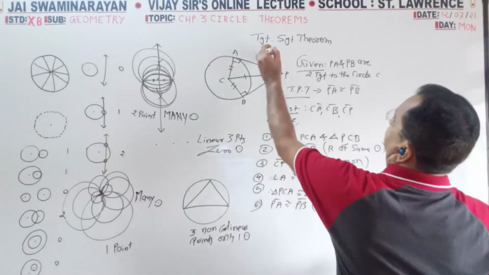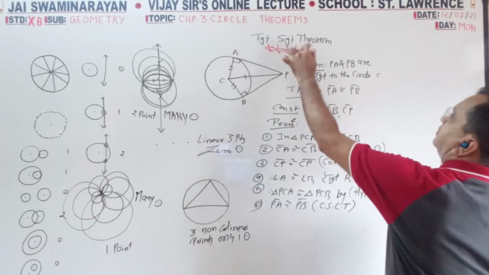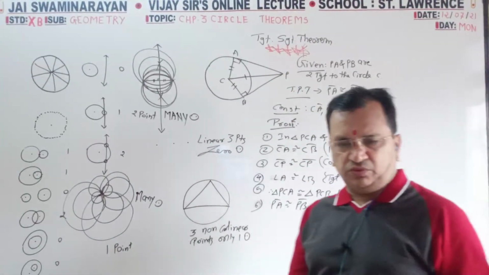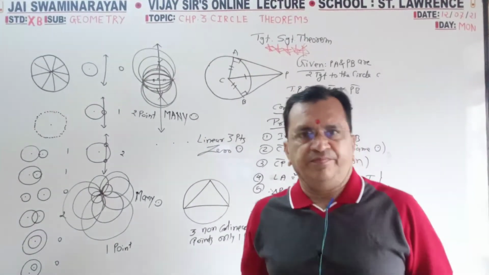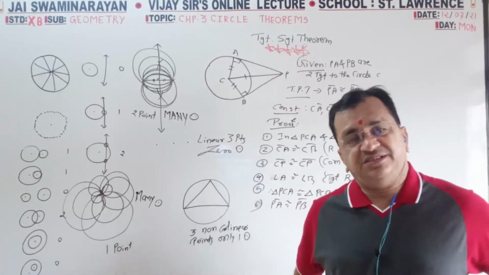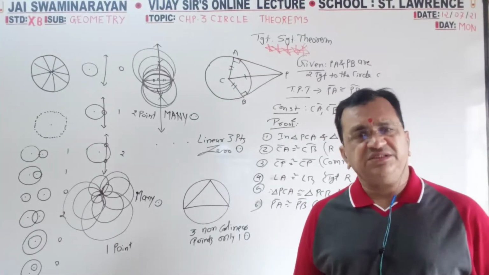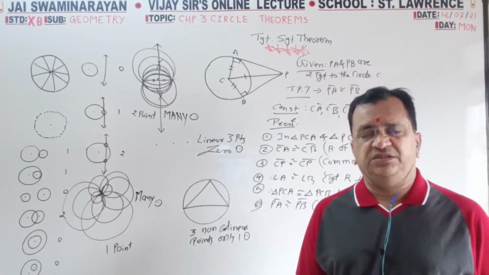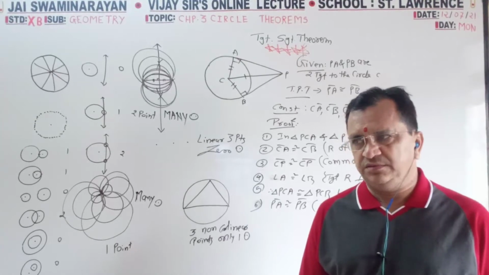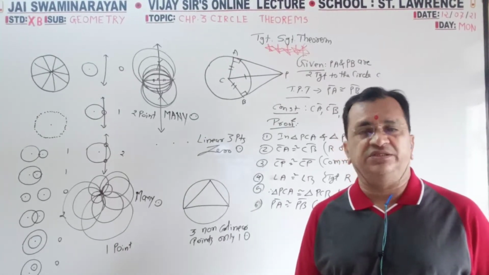From this chapter, this is the most important theorem. They have asked this theorem the maximum number of times. What is the question? Take a circle, take one point outside the circle.